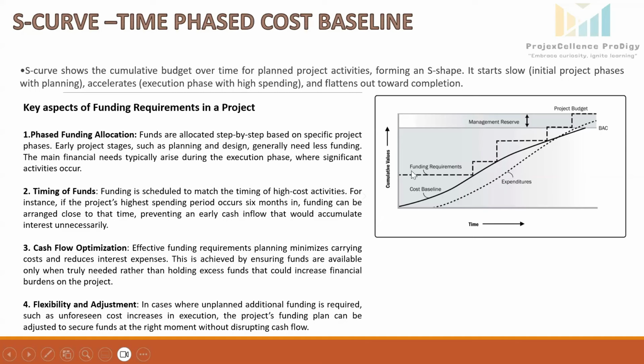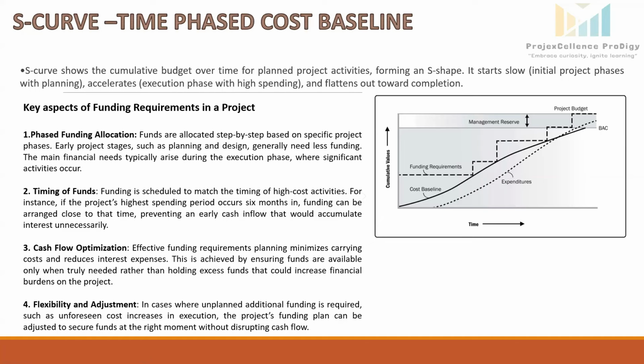Funding is needed in a project in phases, as and when required. Funding requirements mean planning for the money needed at each phase of a project. This ensures that funds are available right when needed, which will keep the cash flow steady and avoid extra costs from holding money too early.